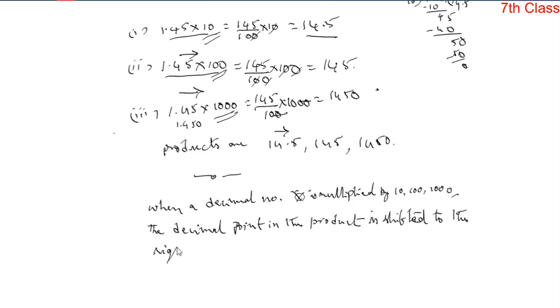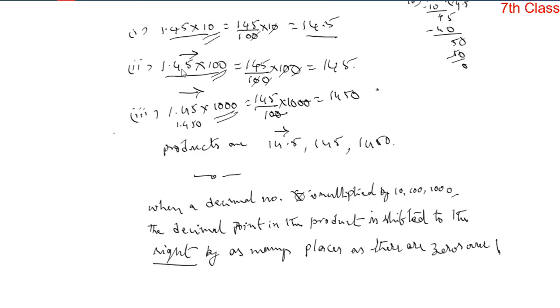Right. Very important. It is shifted to the right by as many places as there are zeros over 1. You should shift the decimal point to the right as many places as there are zeros.